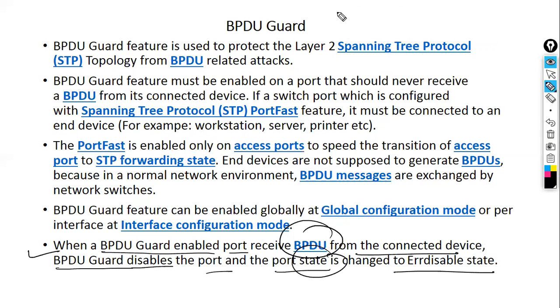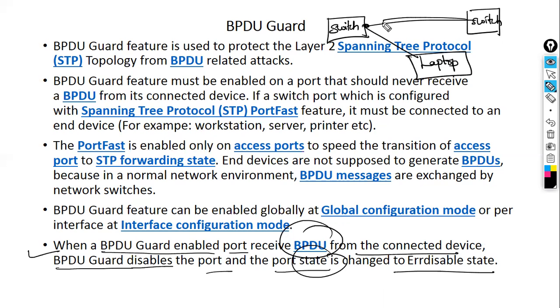So what does this mean? Whenever you have a switch here, and you have another switch connected accidentally, which you are not supposed to connect because you have already enabled PortFast, and you're telling the switch that you are not going to send any BPDUs, you are only going to communicate with end user devices. But if you connect it, there are definitely BPDUs coming in, right?